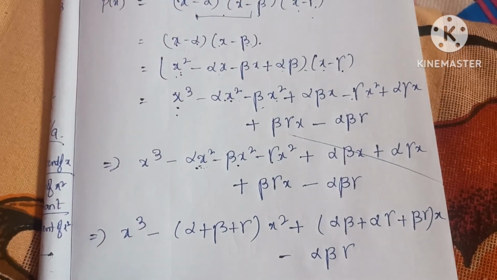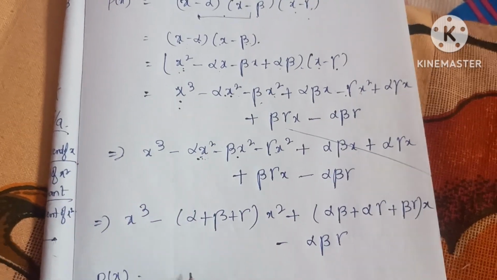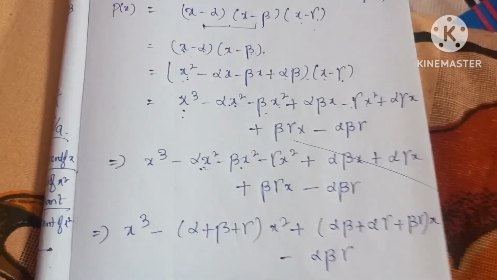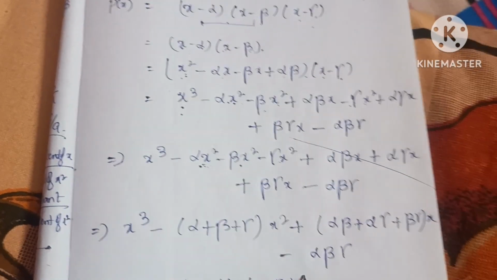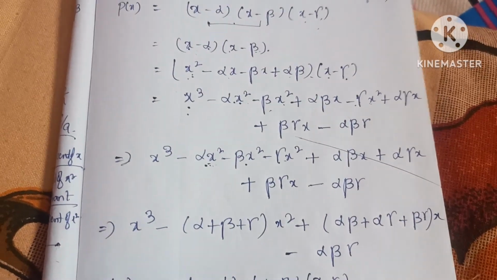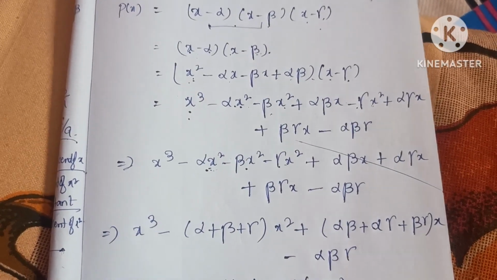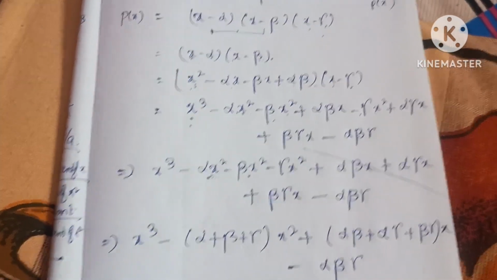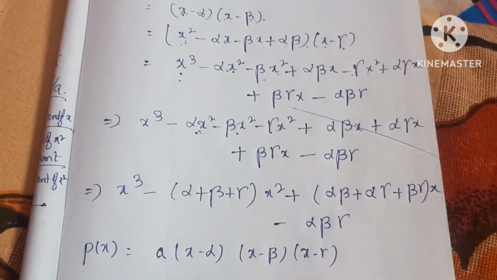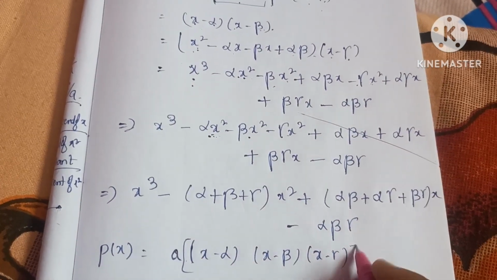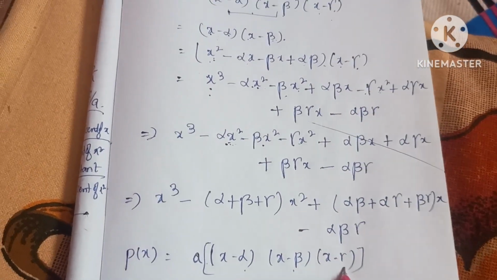Now p of x equals a into x minus alpha into x minus beta into x minus gamma. Here a is the constant.